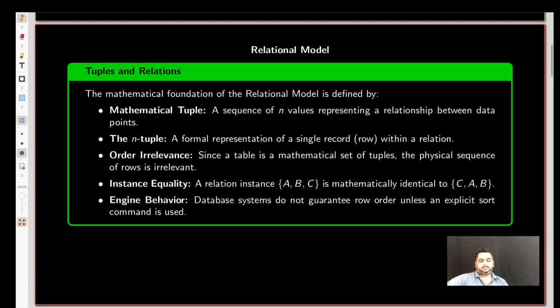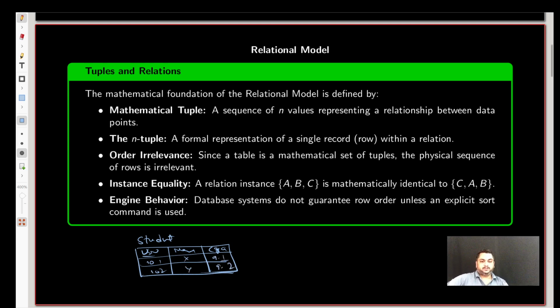Now we'll see some terminologies. Take the same student table. I have the columns USN, name, and CGPA. I give this relation the name student. I have rows 101, 102, with some names.